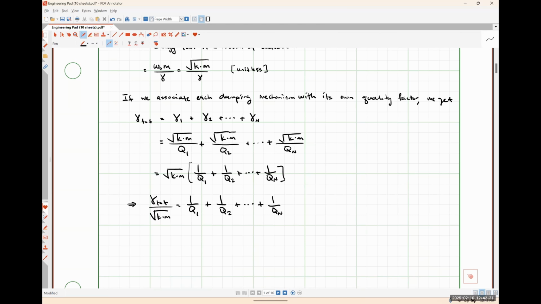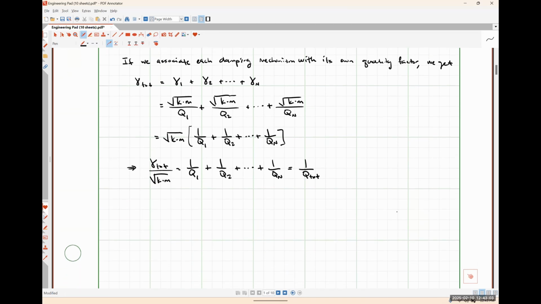So they essentially combine like resistors in parallel. So if we have one loss mechanism that is dominant, then essentially that smallest quality factor tends to dominate the overall quality factor of the system, where, just for what it's worth, this thing would be 1 over Q total like so.